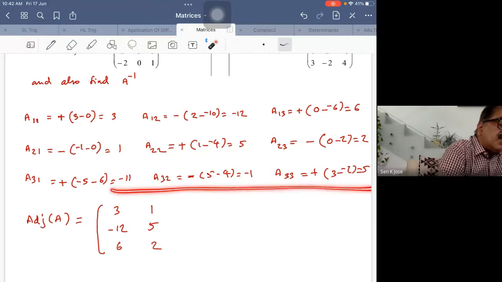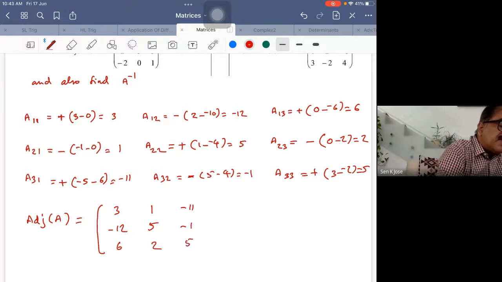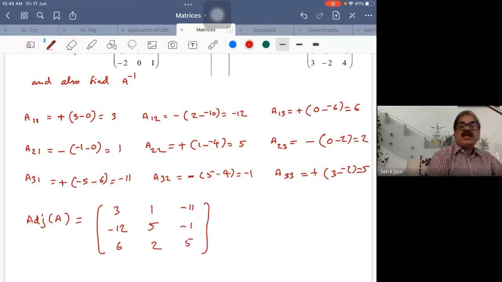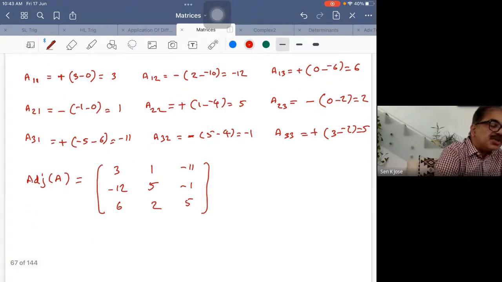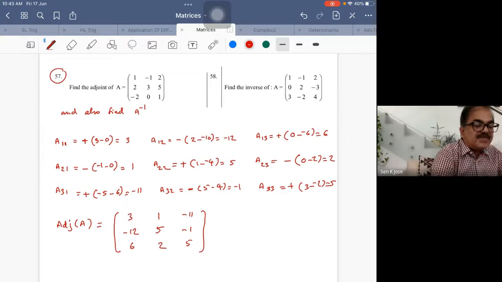Read the third row, write as the third column, minus 11, minus 1 and 5. Read each row and write as the corresponding column. That's adjoint of A. Just see if you are able to do the adjoint. Then we'll talk about the inverse.